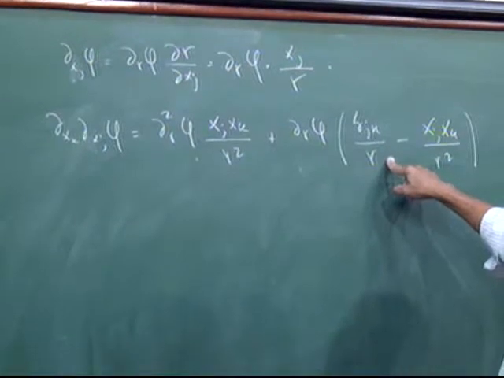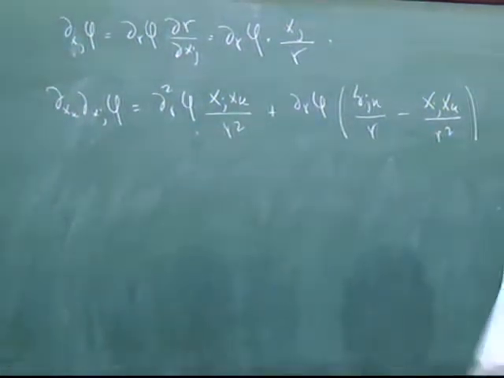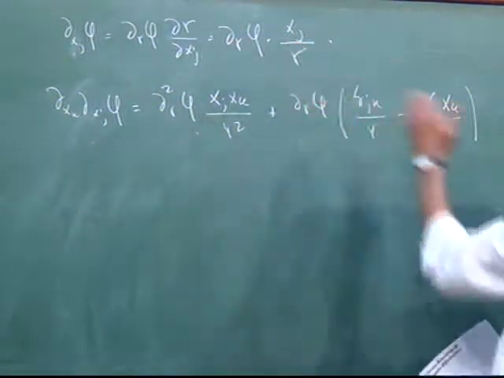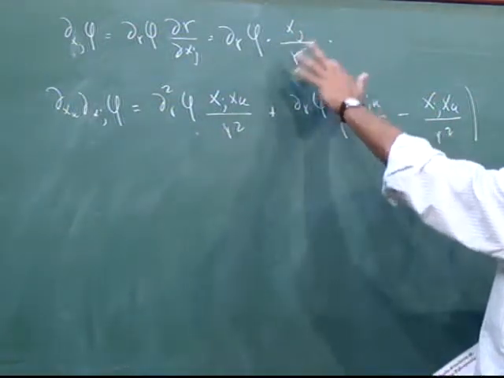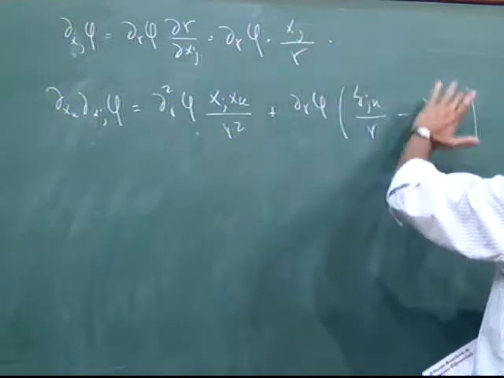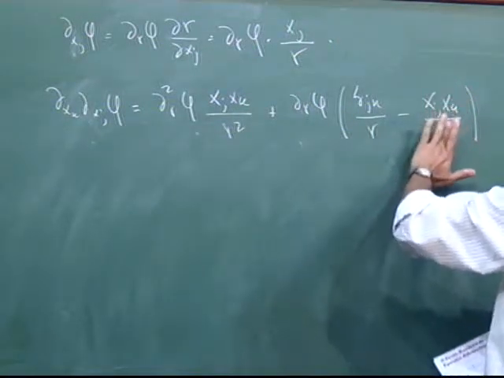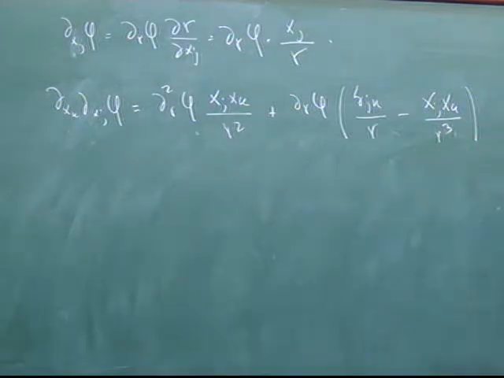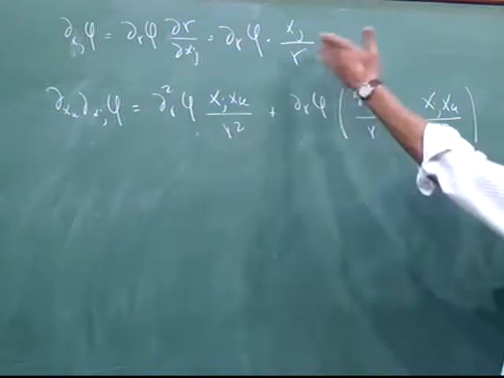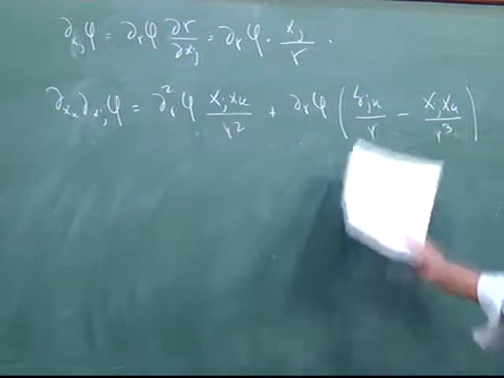Okay, let's do it carefully. If you're computing the matrix of the second derivatives of this radial function, you have this.